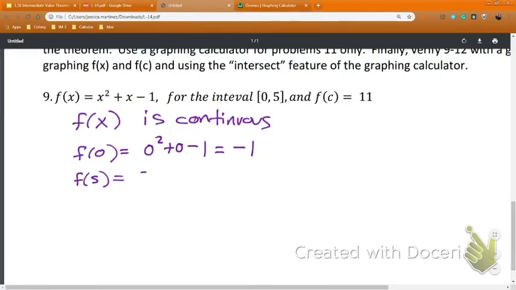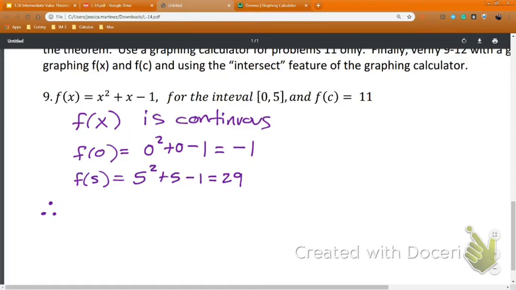If I plug in 5, I get 5 squared plus 5 minus 1. 25 plus 5 is 30. 30 minus 1 is 29.